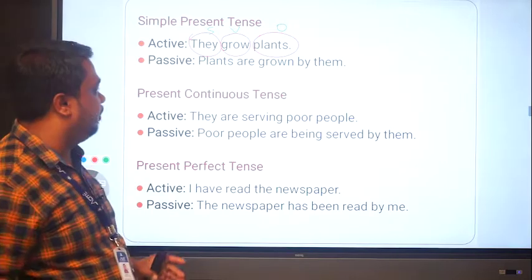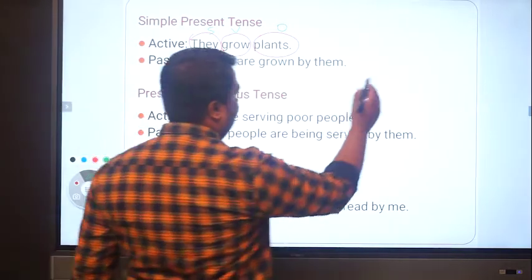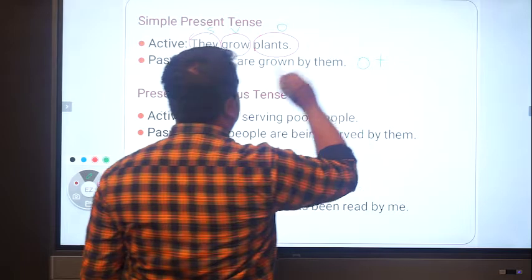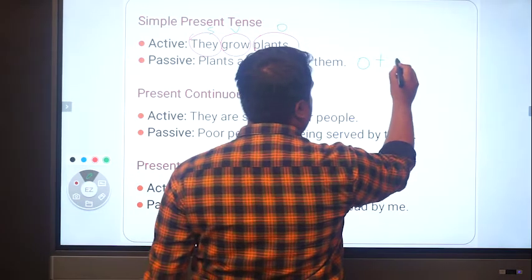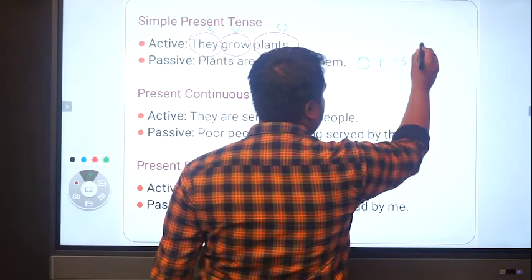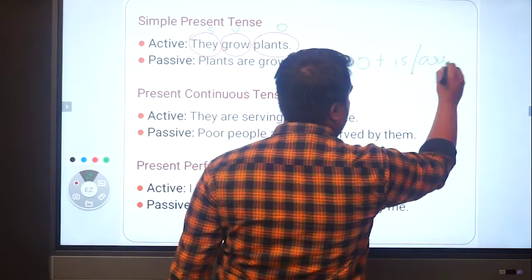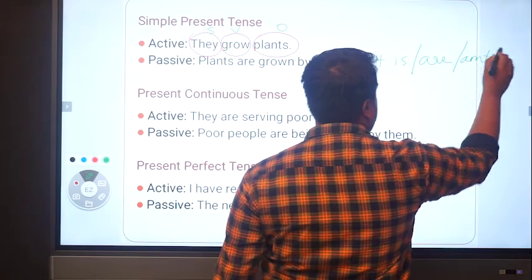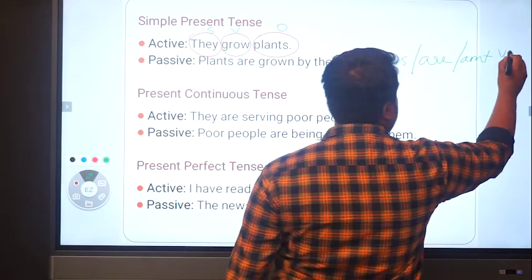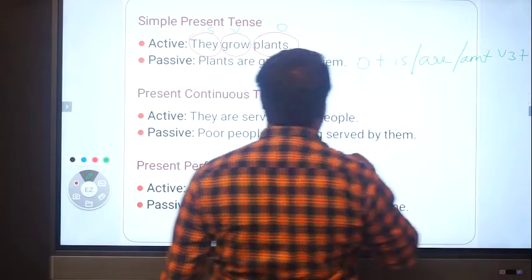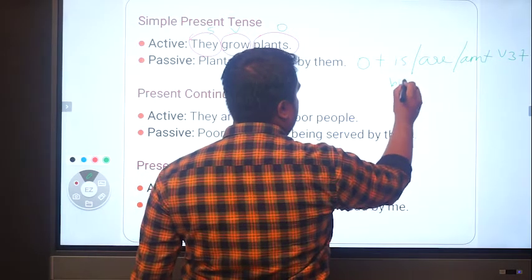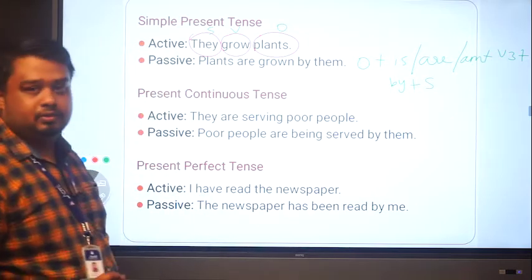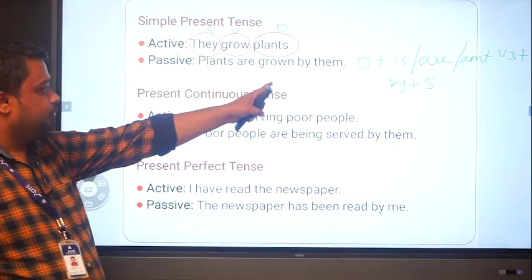So, let's write the format here to make it passive. Object plus, in simple present tense, is or are or am plus V3 plus by plus subject. This is the format.